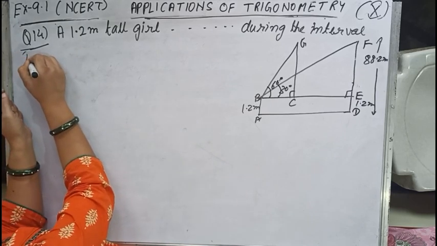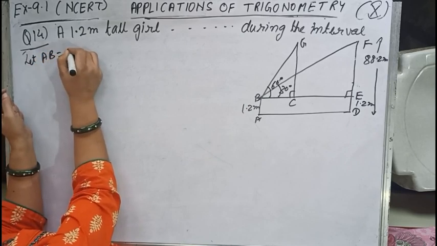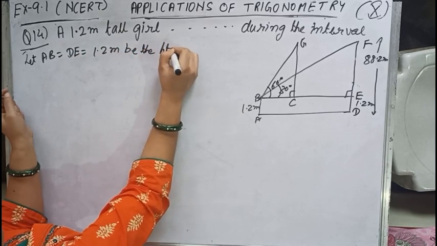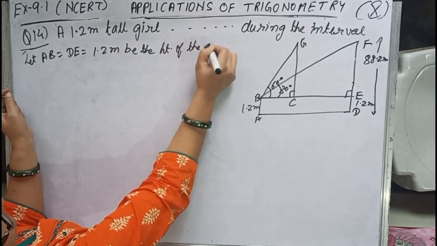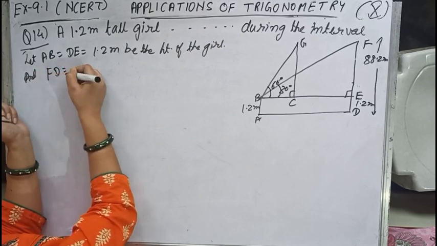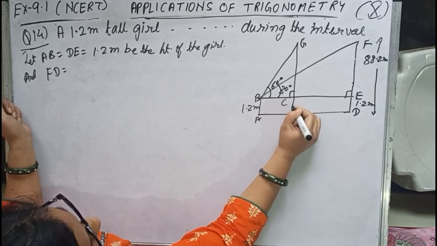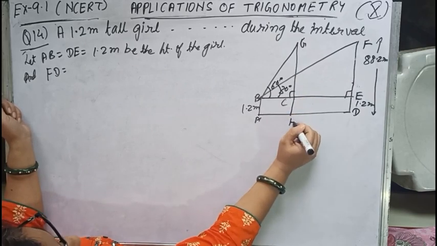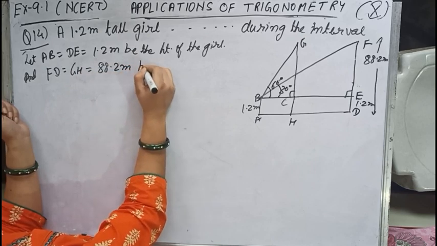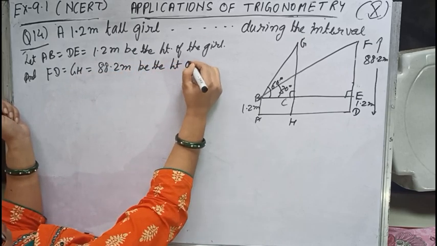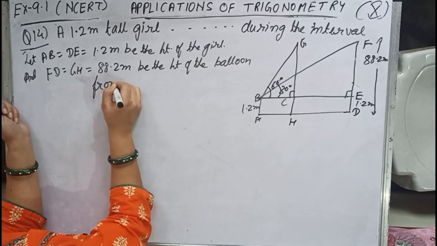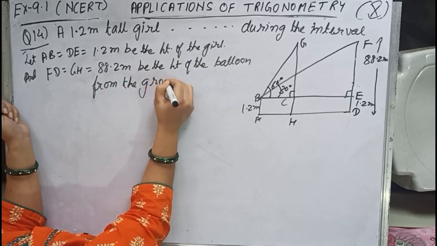Let AB equal DE equal 1.2 meter be the height of the girl, and FD equal GH equal 88.2 meter be the height of the balloon from the ground level.